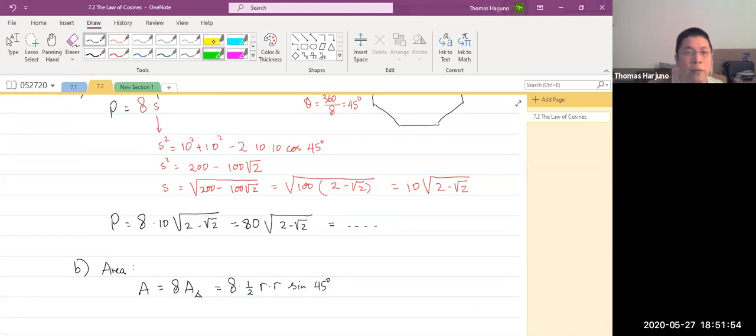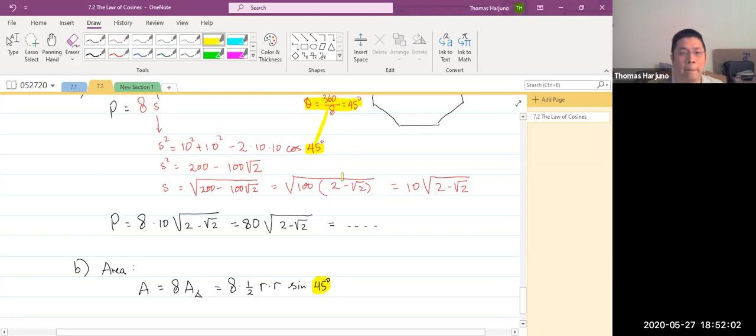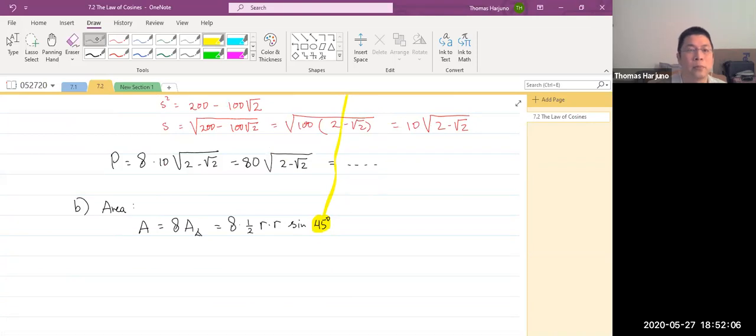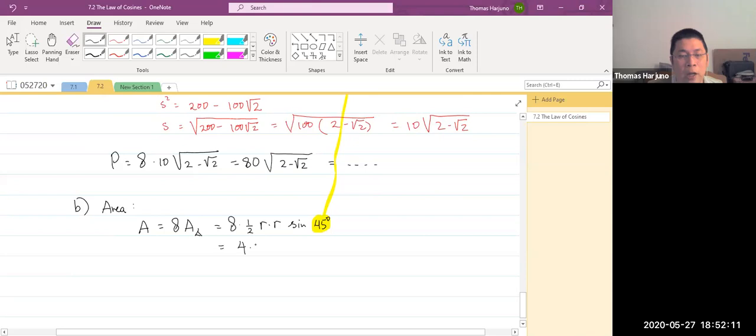Now this 45 degrees comes from here. And the radius is 10, I believe. So this is 4 times 10 times 10 radical 2 over 2. That's 200 radical 2. That's the area of the stop sign.